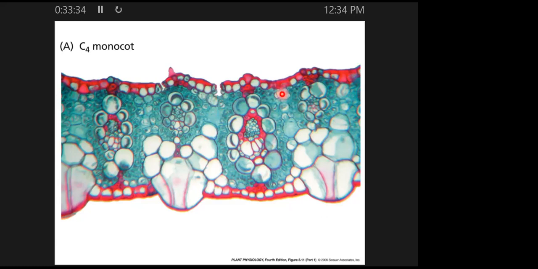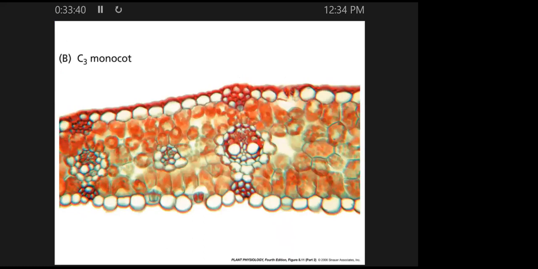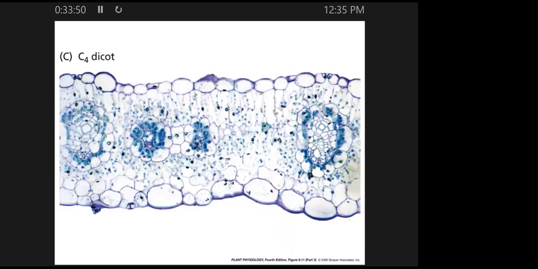There's no palisade in there. Here they're looking at a C3 where it's not as dramatic with the bundle sheath. There's not as many chloroplasts. Here is a C4. They've actually stained the chloroplasts pretty well here.